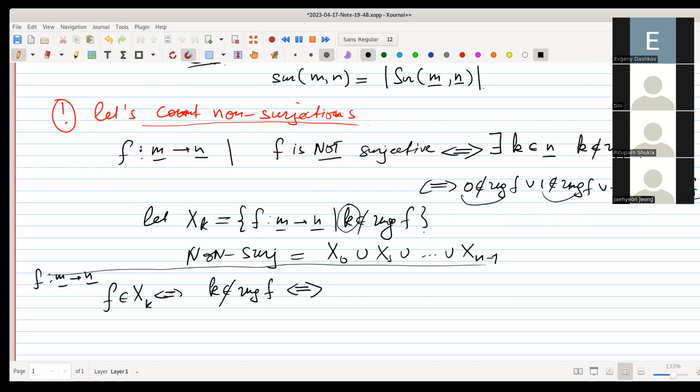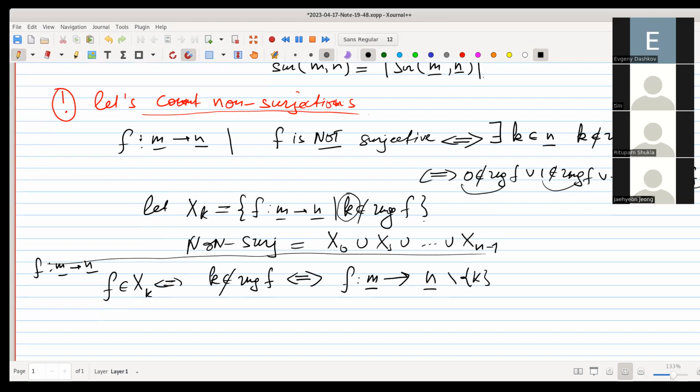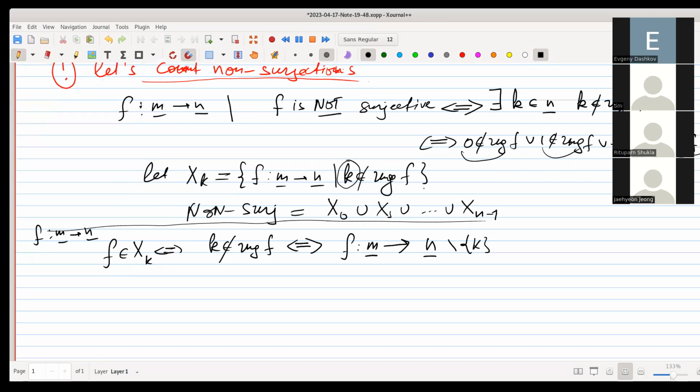So what does it mean? This is a function from M to which set? N underlined minus k. Exactly. So it is a function from M to N, except k. And how many such functions do we have?